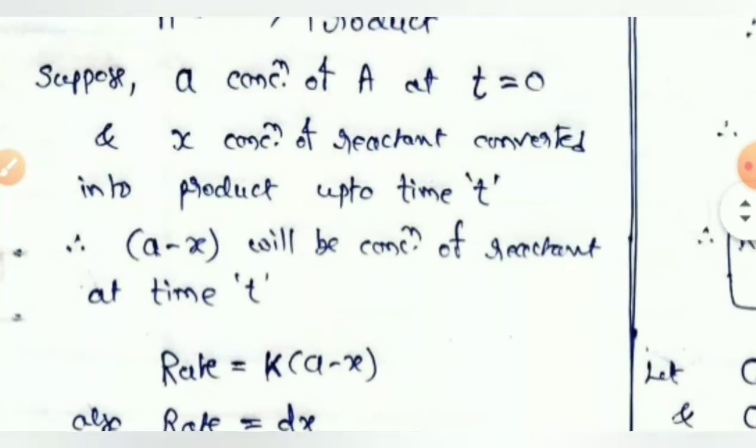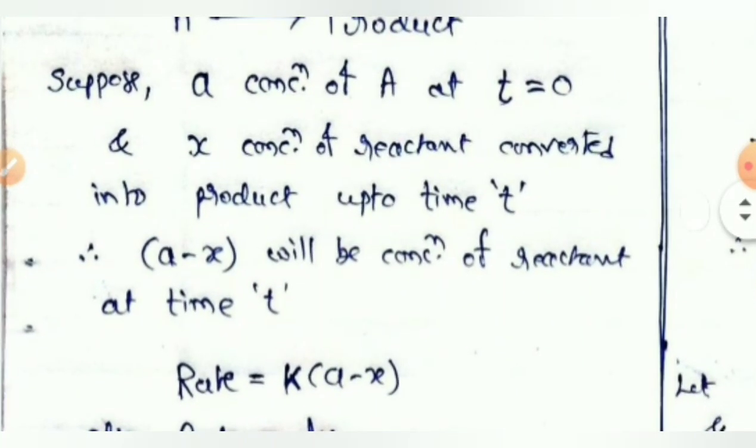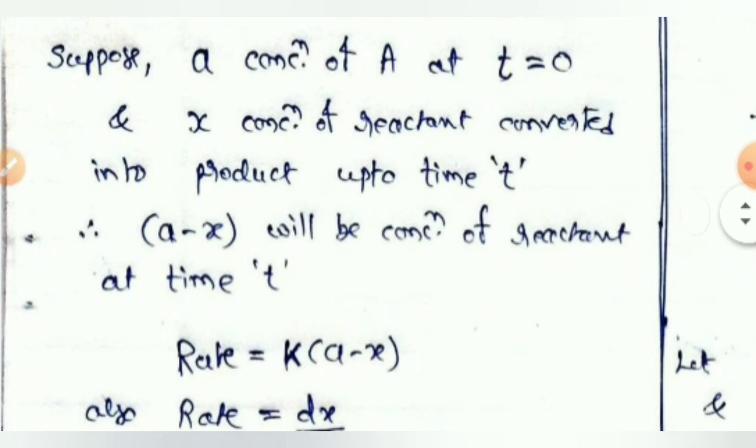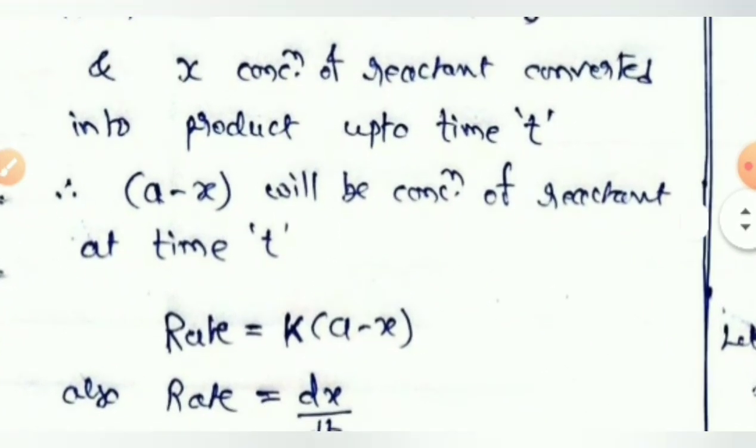Then A minus x will be the concentration of the reactant at time t. Now applying the law of mass action, we get the rate equation at time t as rate = k (a minus x).